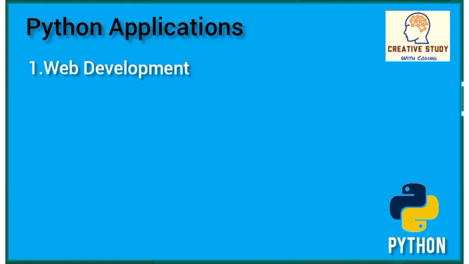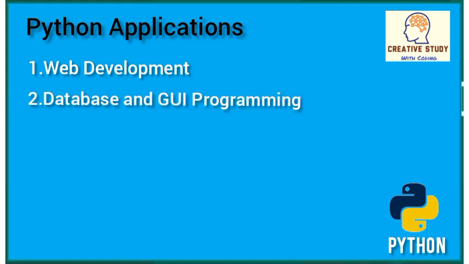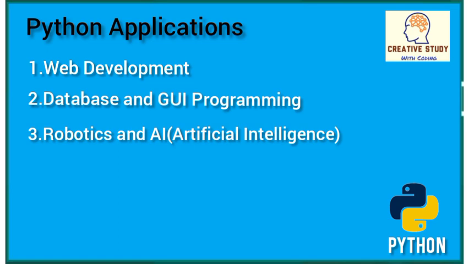Now let's see Python applications. First one is web development. Python has a variety of frameworks and inbuilt libraries to design websites. Next application is GUI programming. Python can connect the database and provide GUI applications. Next, Python is used in robotics and AI programming. Next is game development.